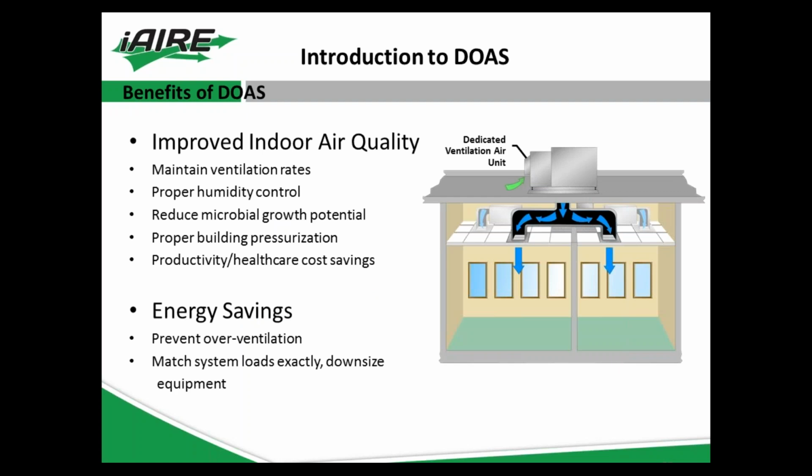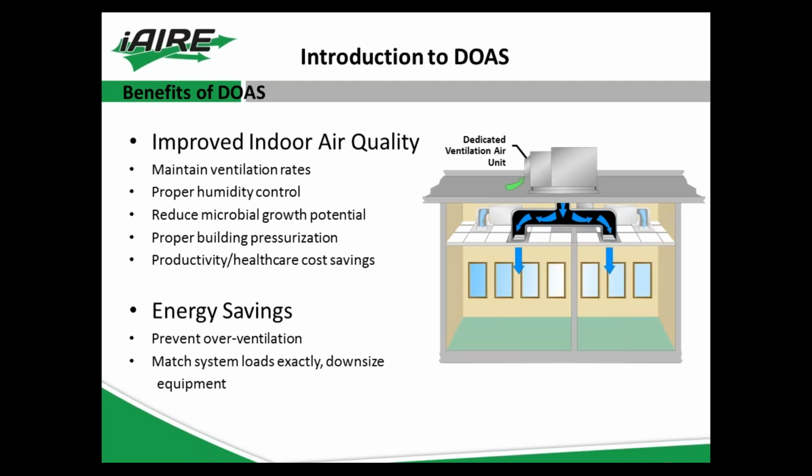Some of the benefits of using a decoupled DOAS system, one of the major ones, is you're going to get improved indoor air quality. You're going to be able to maintain ventilation rates to a much higher degree, and proper humidity control, which in turn leads to reduced microbial growth, mold, mildew, the whole gamut of organic matter that grows when there's too much moisture in the air.